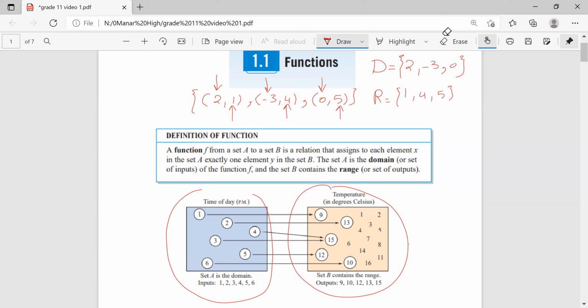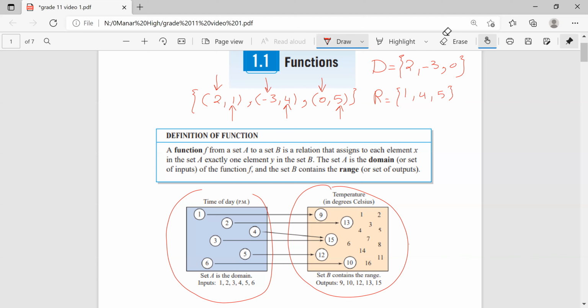Now we want to see how we can determine if this relation is a function or not. In order for the relation to be a function, it must satisfy one condition, which is every input value must have only one output value. Again, every input value must have only one output value. If an input corresponds to 2 or more outputs, the relation will not be a function.